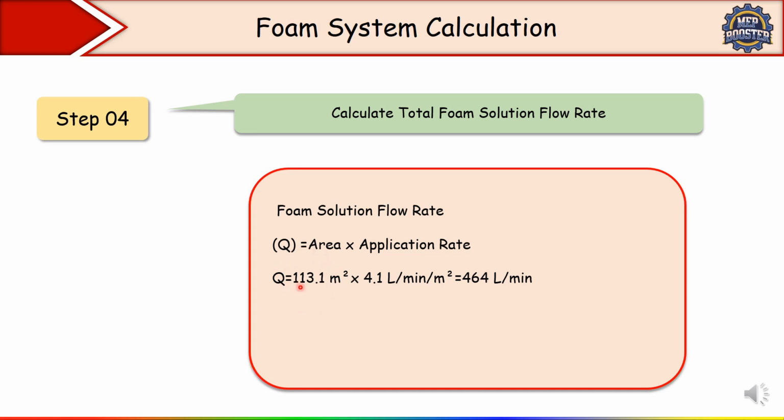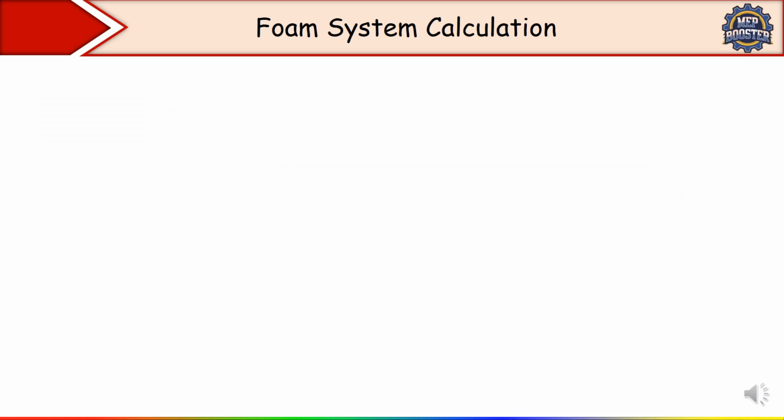We have already calculated the surface area as 113.1 square meters, times application rate. I am assuming 4.1, because for hydrocarbon the minimum application rate is normally 4.1 liters per minute per square meter. So the foam solution flow rate we have got is 464 liters per minute.